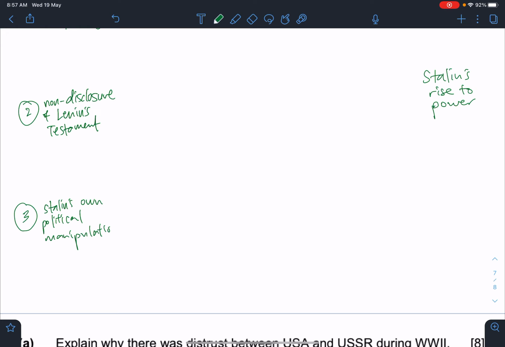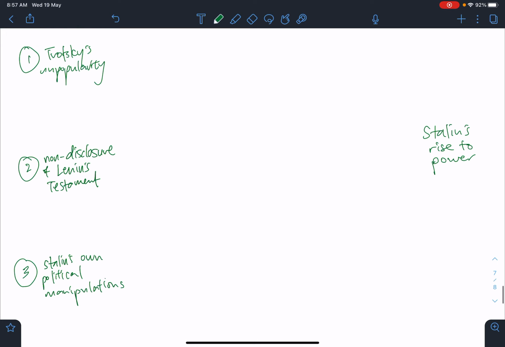Now, can I just point out that all of you are very good at mugging the content and dumping it to me, but you never tell me what is the effect of Trotsky's unpopularity. So let me show you how to break this down.